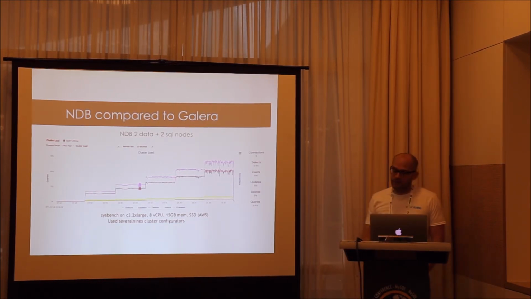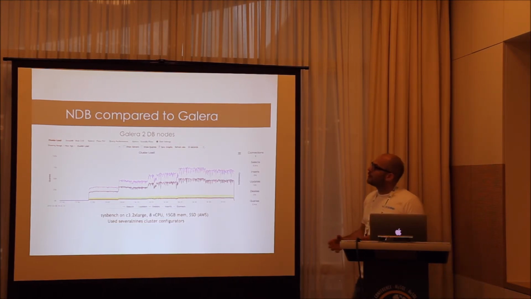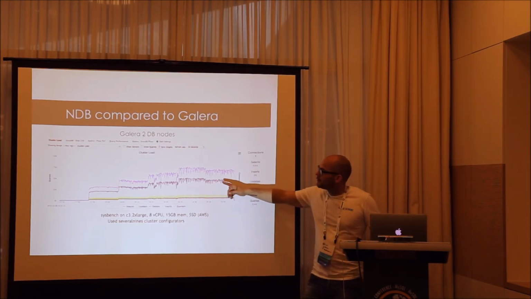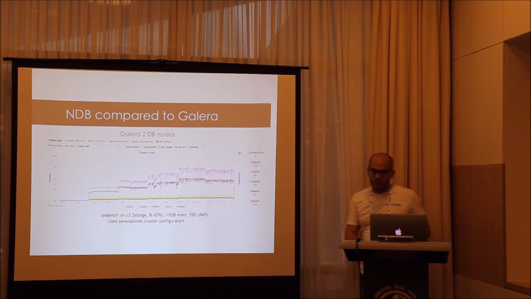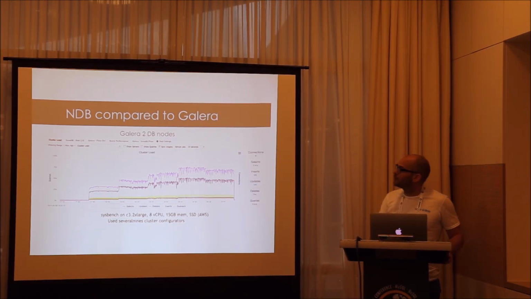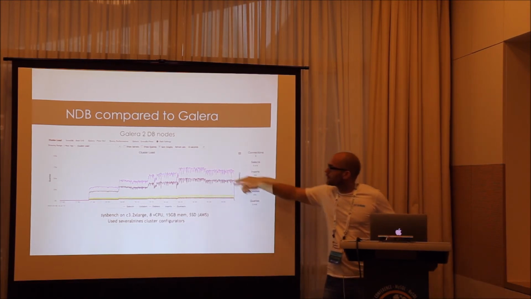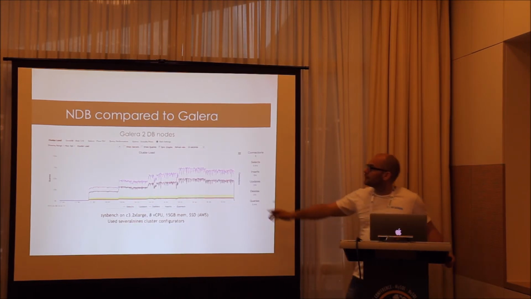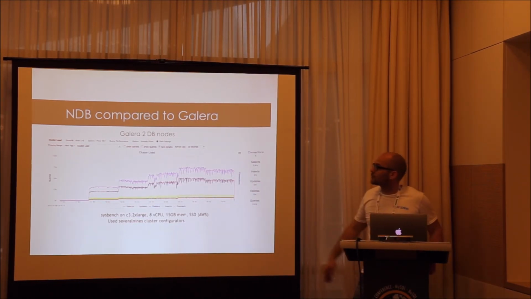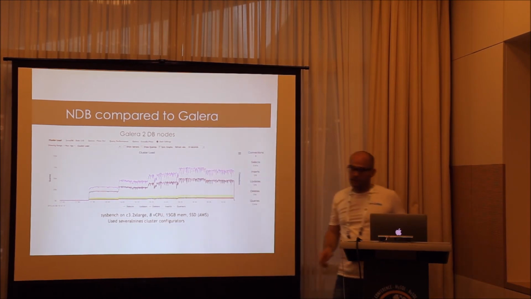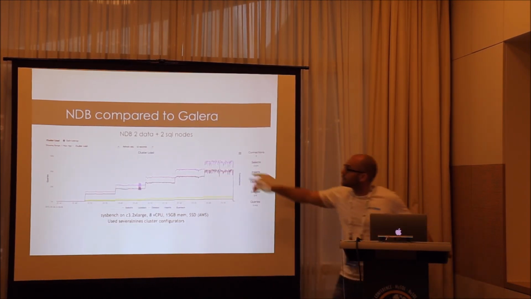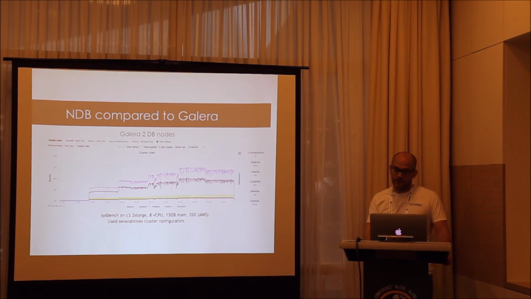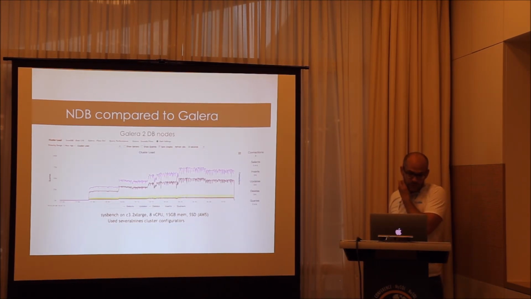I'm not sure how we ran this, or what the CPU utilization was on the different nodes. But anyway, taking the same load and running it on Galera, it gives pretty much the same, a little bit better perhaps. It's going up and down here, but it goes up to perhaps 70,000 at the peak, whereas MySQL Cluster is 60,000 at the peak for this particular sysbench workload.